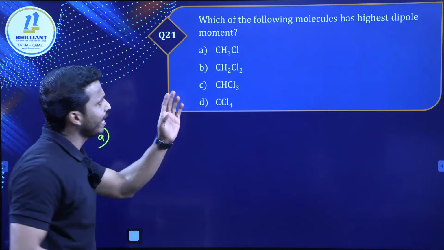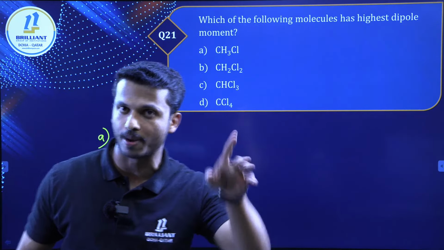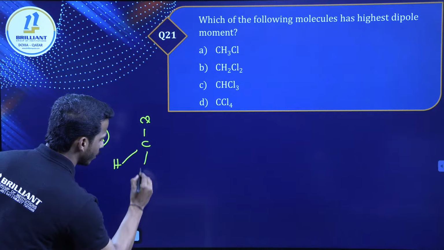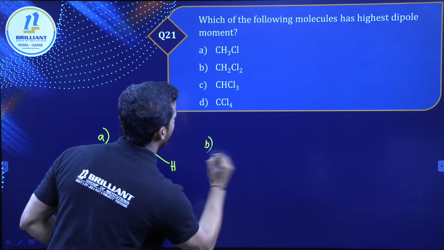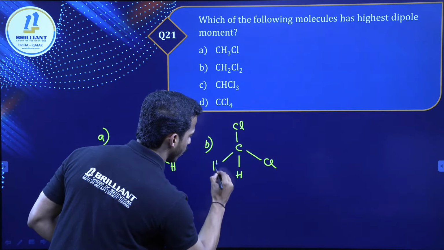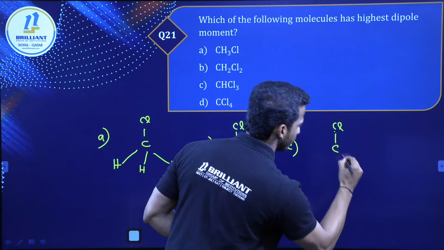Option A is CH3Cl. All these compounds have tetrahedral geometry. Keep in mind. Option B is CH2Cl2, 2 chlorine and 2 hydrogen. Option C is CHCl3.